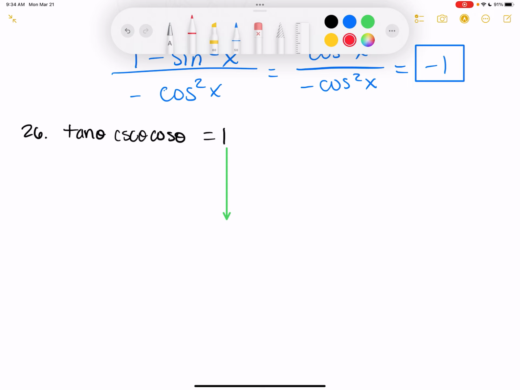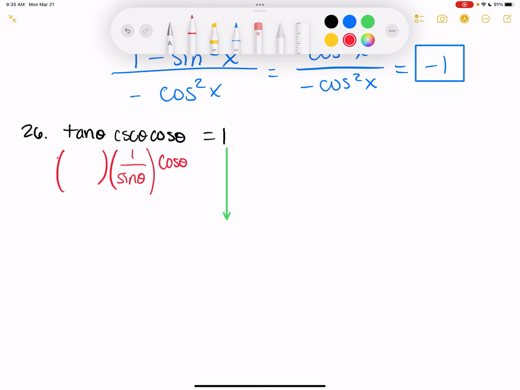So, what are some things that I could maybe do over here with this side? Cosecant is, well, cosecant is 1 over sine. I don't know if that helps. Oh, well, and tangent is what?